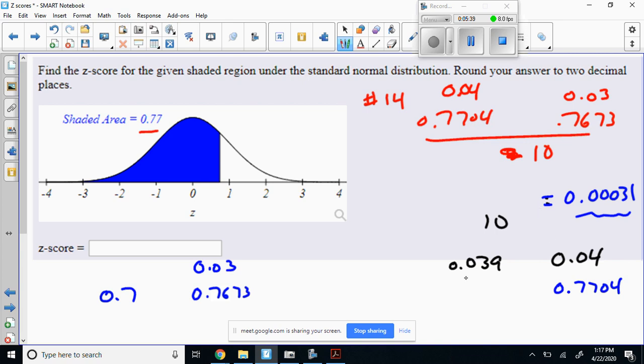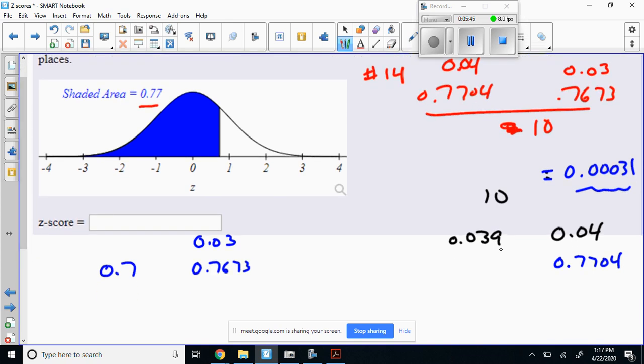So to go back, to see if this is the answer, because this is just about there, I do 0.7704 minus 0.00031, and that would give me, which is closer, right?